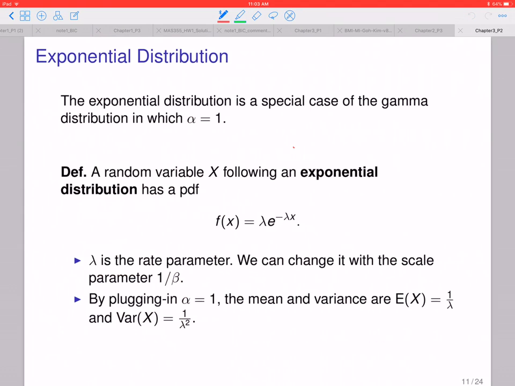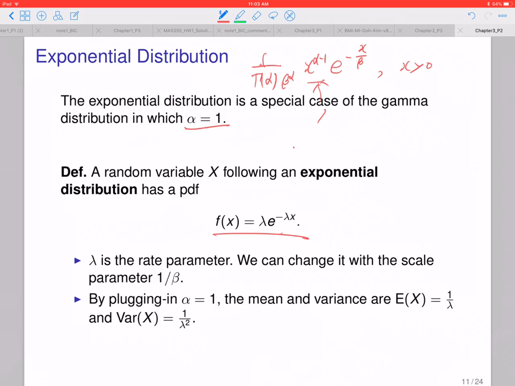A special case is alpha equal to 1. In the PDF, beta^alpha x^(alpha-1) e^(-beta x), when alpha equals 1, this becomes 1, and everything looks nice.